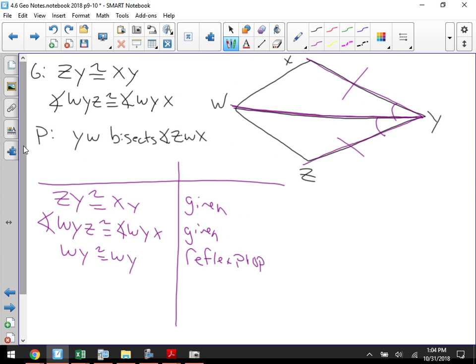One of the things I've been noticing also, when you have other things that are congruent, you can't use the same number of tick marks. One set of segments gets 1 tick mark, the next set of segments gets 2 tick marks. One set of angles gets 1 tick mark, the next set of angles would get 2 tick marks, and so on and so on and so on.